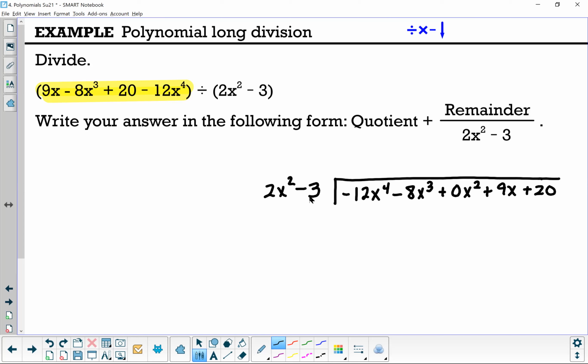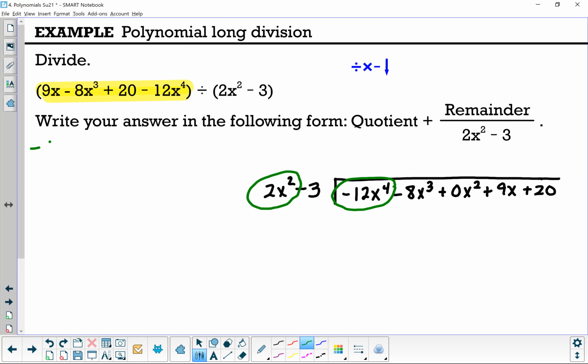All right, now as always, our process is divide, multiply, subtract, bring it on down, and bring it on back. And so we're dividing the first term we have of our dividend, which is minus 12x to the 4th, and we're going to divide that by the first term of our divisor.